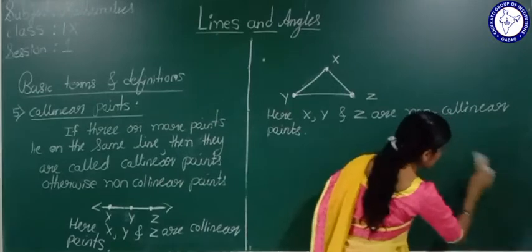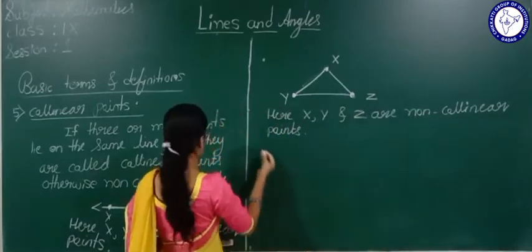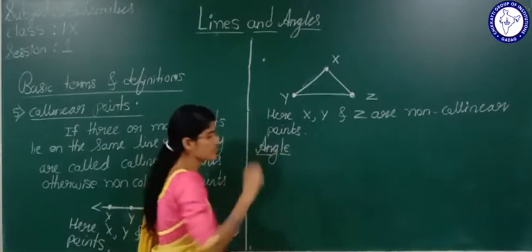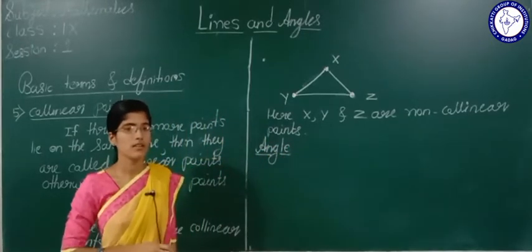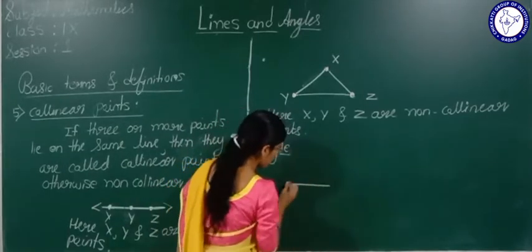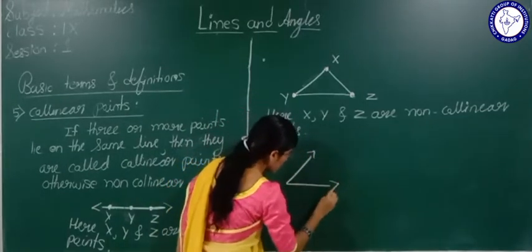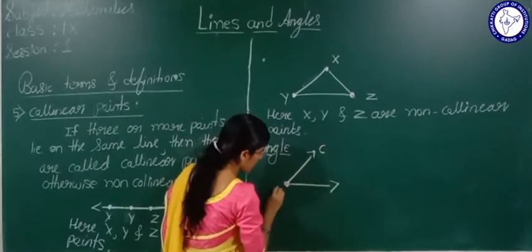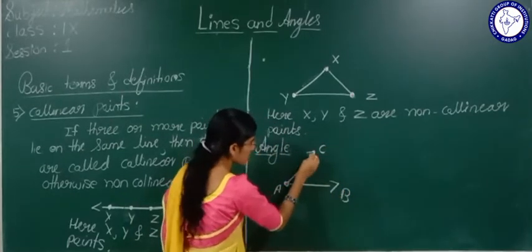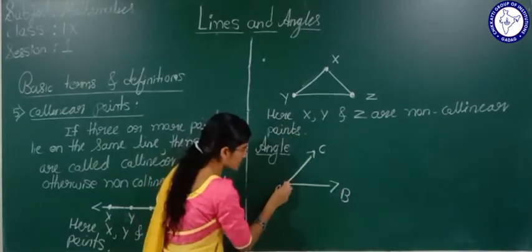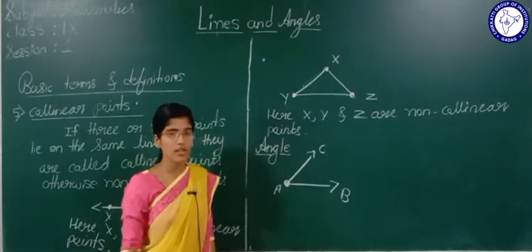So next we see what is angle. What is angle? Angle means two rays, these are the two rays, okay? Angle CAB I will tell. Two rays which have a common vertex, which is that common vertex?